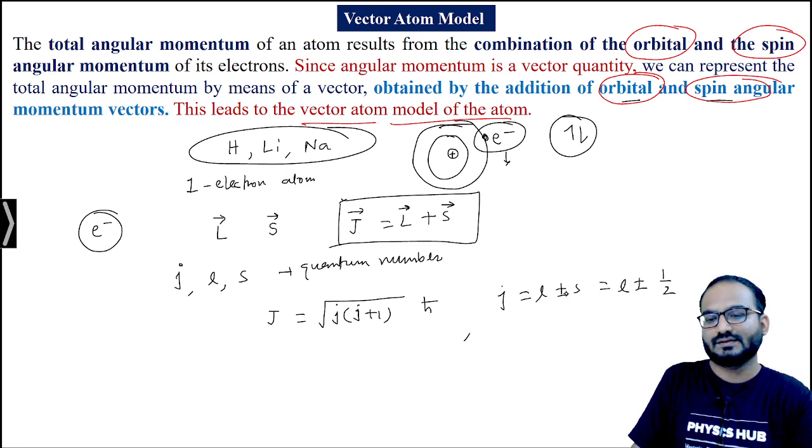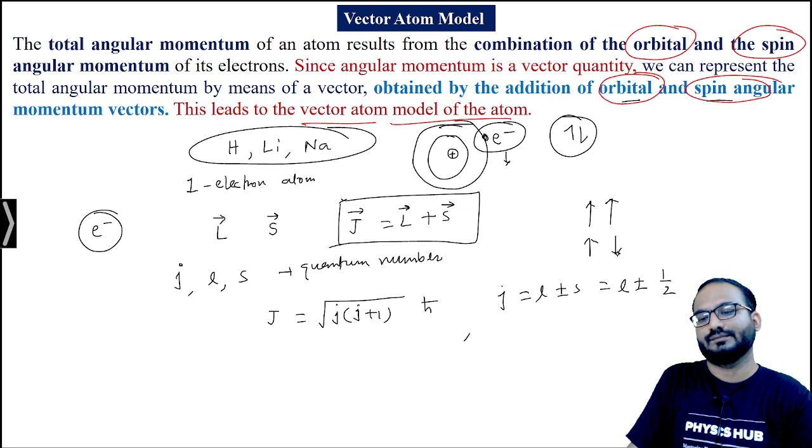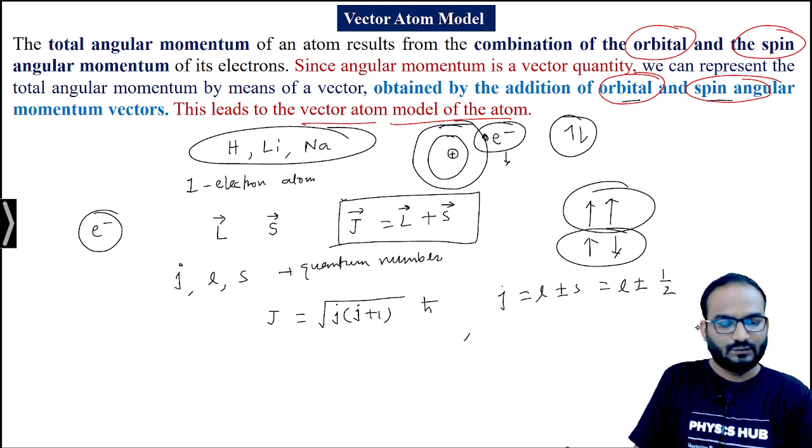If L and S are parallel you take plus S, and if L and S are anti-parallel you take minus S. In this way these two things work.